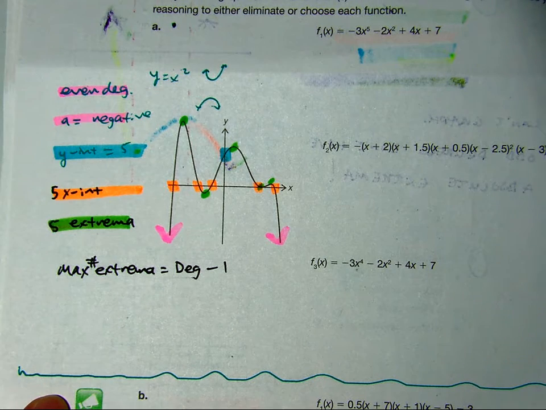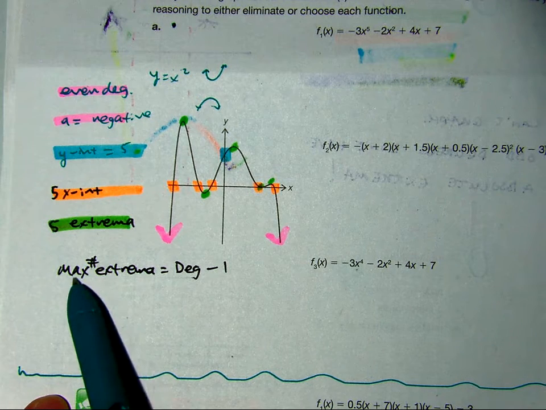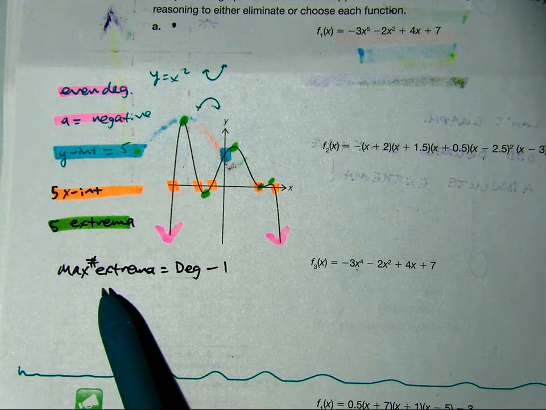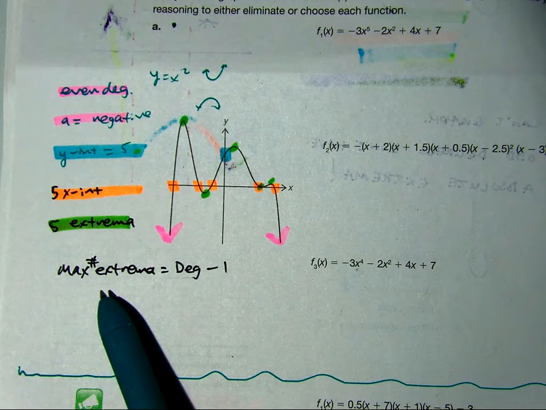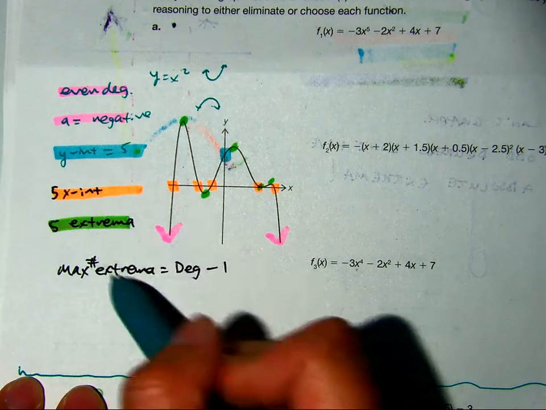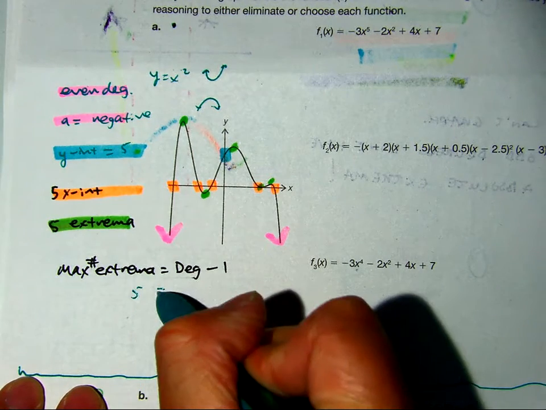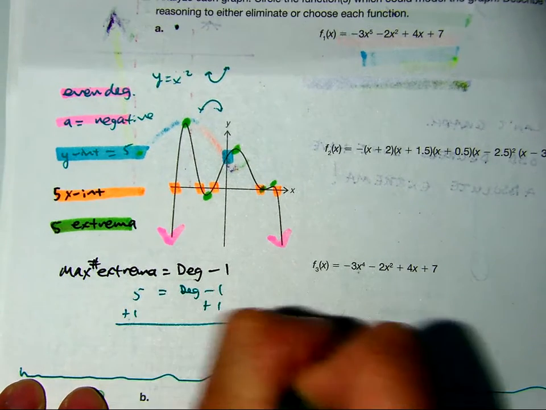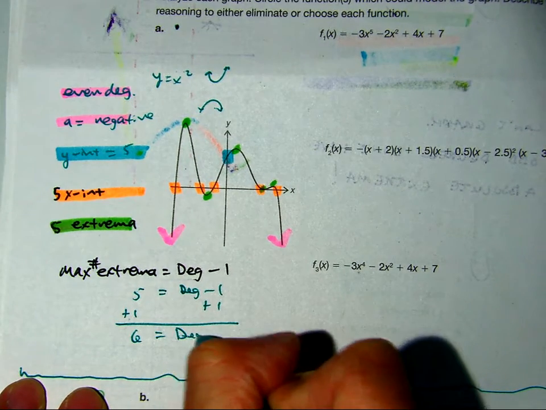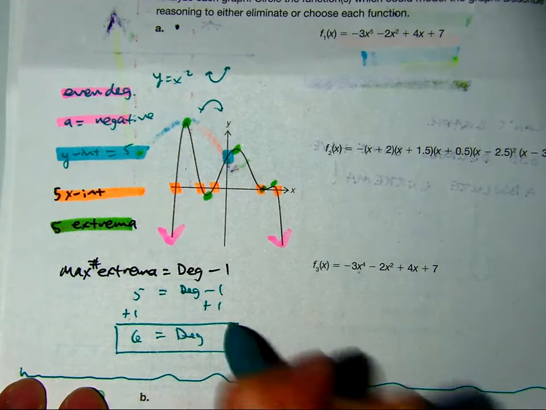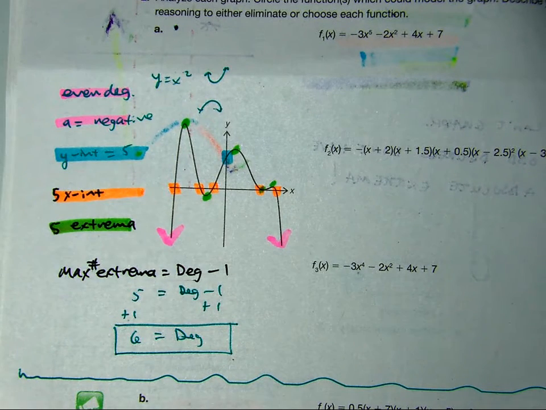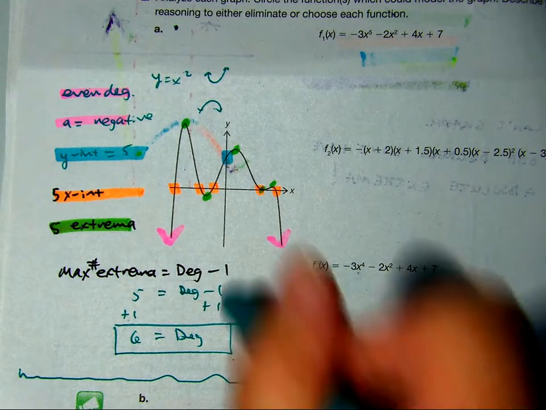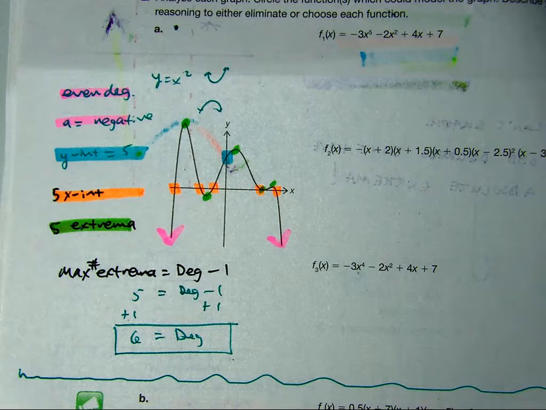So this can tell us, well, the max number of extrema is, I have 5. 5 equals degree minus 1. And if I add 1 to both sides, I get a degree of 6. Okay? Alright, so based off of my graph, I got all of these clues.